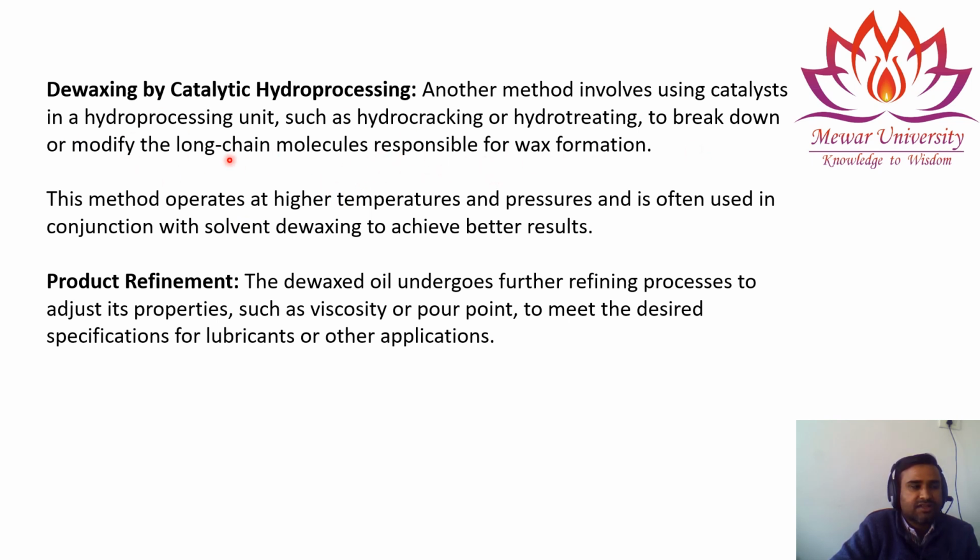So we break down these long chain molecules into lighter hydrocarbons using a processing technique, hydrocracking or hydrotreating, so that the wax does not form in the oil. This method operates at higher temperature and pressure, and it is often used in conjunction with solvent dewaxing to achieve better results.